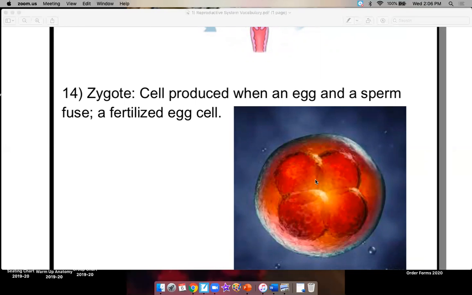Dad's half DNA met up with mom's half DNA, became a full strand of DNA of a brand new person. That cell will then start going through mitosis, not meiosis, mitosis, to make 2 cells, and then 4 cells. Then it goes again to make 8 cells. You get the idea. It's going to make more and more cells until it grows into a person. But the zygote is that first cell.